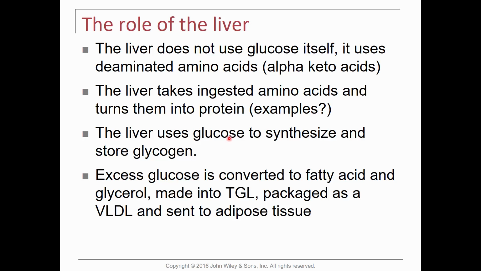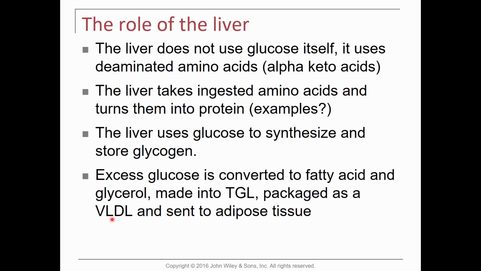The liver uses glucose that was uptaken after the meal to synthesize and store glycogen. And any excess glucose and amino acids, for that matter, those are converted into fatty acid and glycerol. Those are made into a triglyceride, packaged as a lipoprotein called a VLDL.